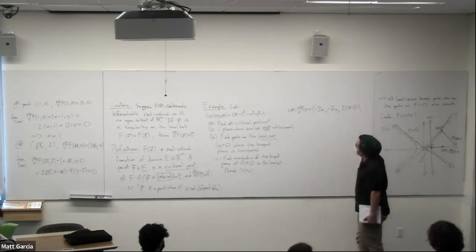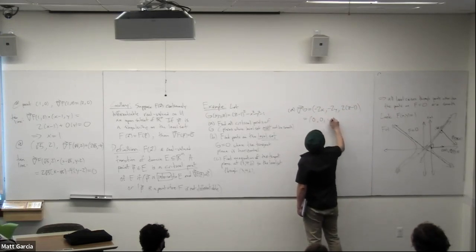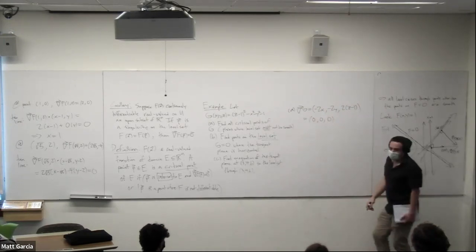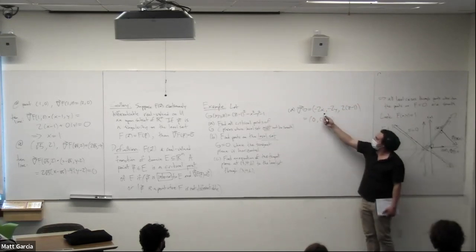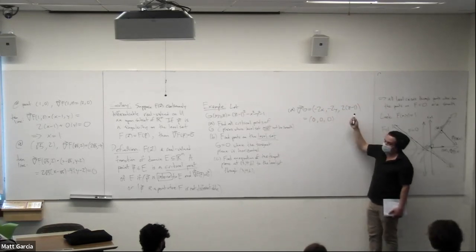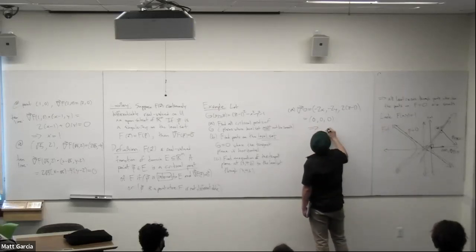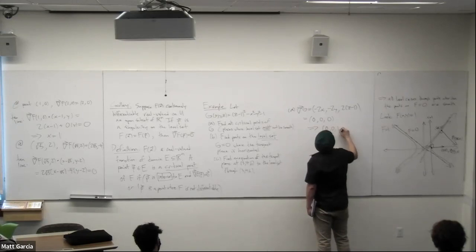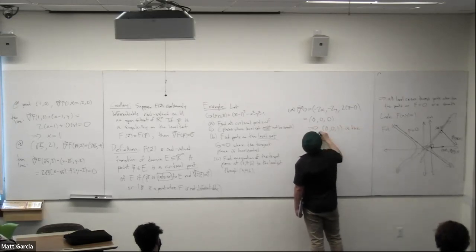Okay. Good. And if we set this equal to the 0 vector, well, then we're pretty limited in what we can do, right? This forces x to be 0, y to be 0, and z to be 1. Okay, so this implies that (0, 0, 1) is the only critical point.